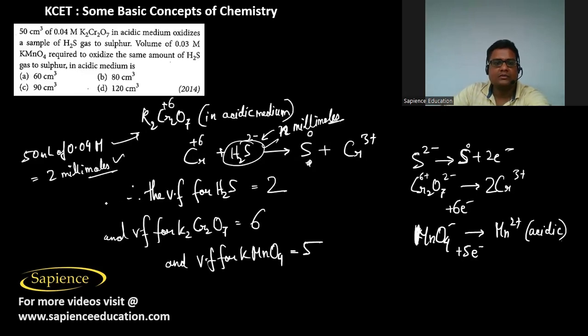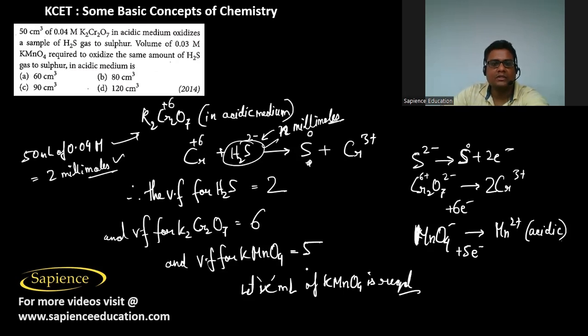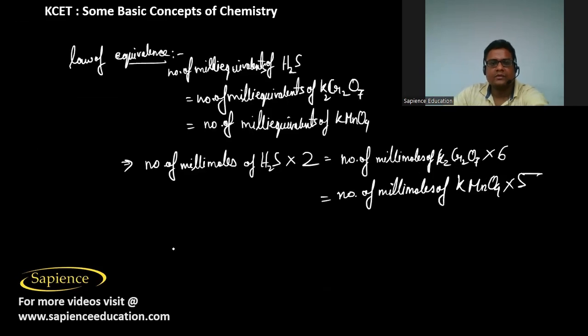Now let's suppose x ml of 0.03 molar KMnO4 is required to oxidize it.